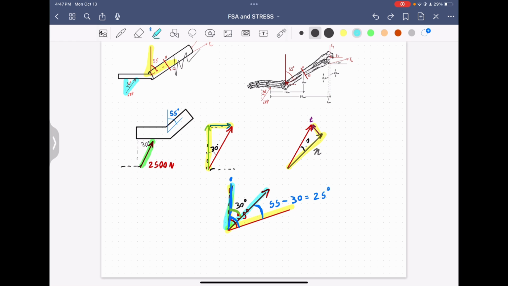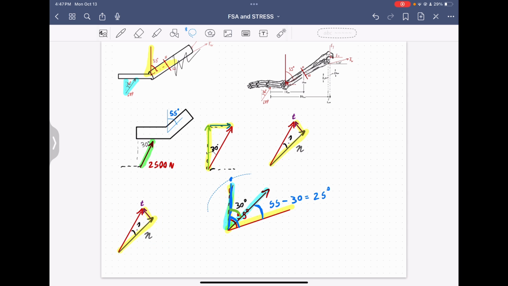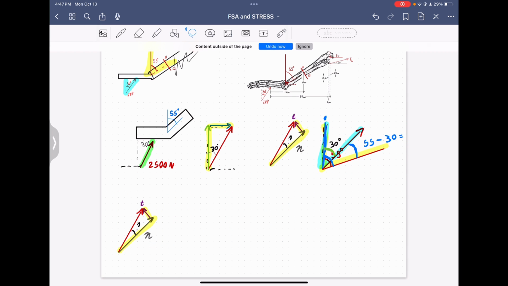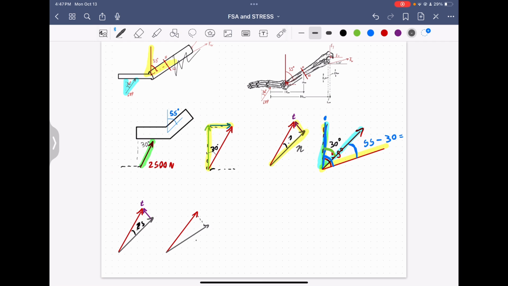Then that 25 up here, we duplicate this guy. This one here allows us to solve. We only want N. And so we have 25. I'll draw it a bit easier. We know that this is N. We know this is 25 degrees.